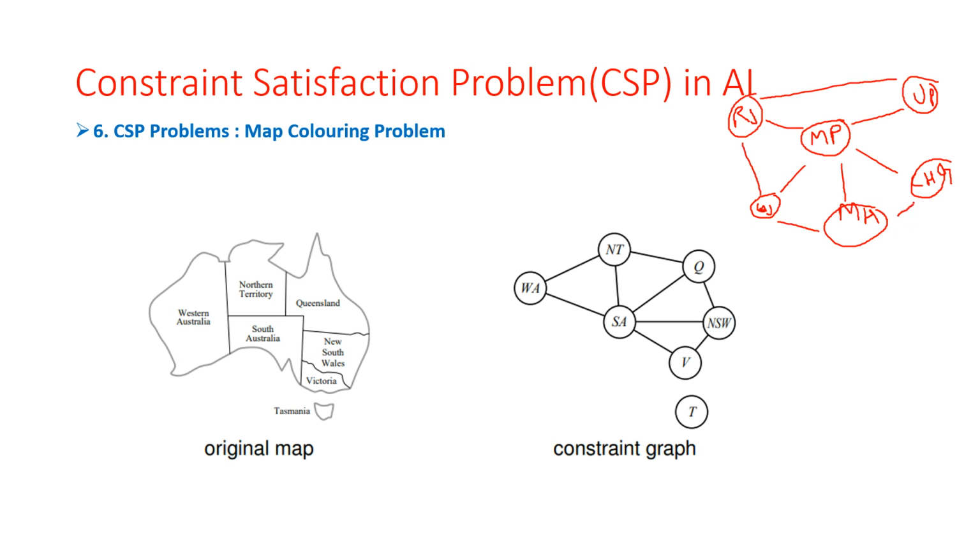Assuming that we have been given a task of coloring each region in red color, green color, blue color, or any other colors, we have to assign some color to each state such that no neighboring regions have the same color.